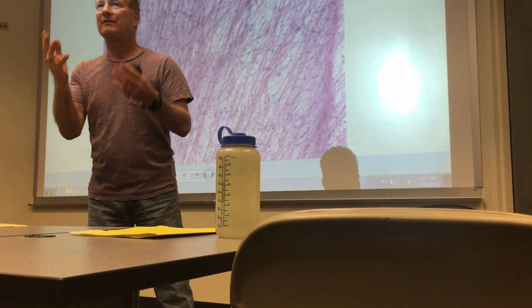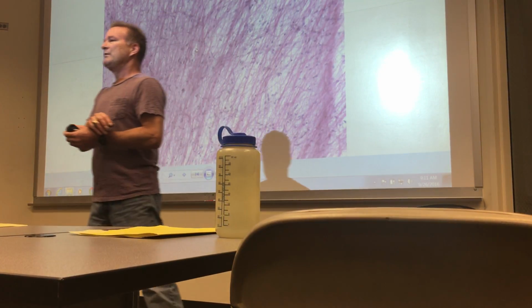Well, guess what? Reticular fibers are in there, you just don't see them. When you think dense regular and dense irregular, you think collagen fibers. Well, reticular fibers and elastic fibers are in there too, you just don't see them. When you think reticular connective tissue, you think reticular fibers. Well, collagen fibers and elastic fibers are in there too, you just don't see them. So all three fibers are in every fibrous connective tissue.